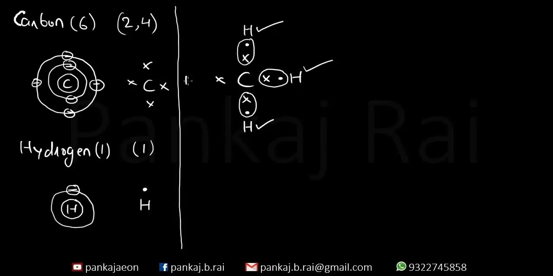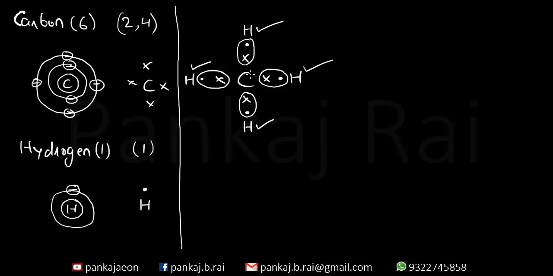Let's say there is one more hydrogen having 1 electron and let's say this carbon and this hydrogen decide to share these electrons. Now this hydrogen has achieved stability because it has got 2 electrons, one its own and one from the carbon. And now eventually carbon has also attained stability because now it is having 8 electrons in its outermost shell, 4 its own and 4 shared by the 4 hydrogens.